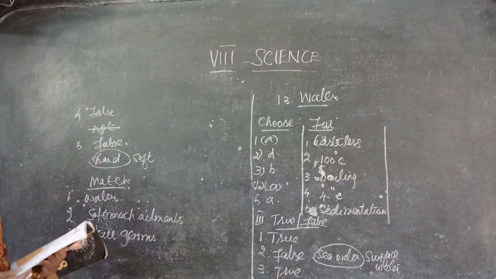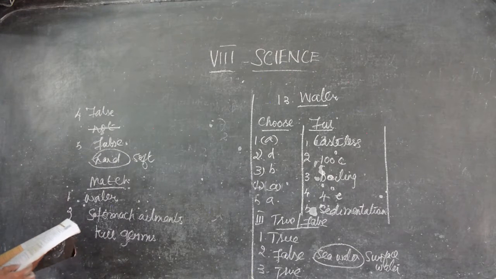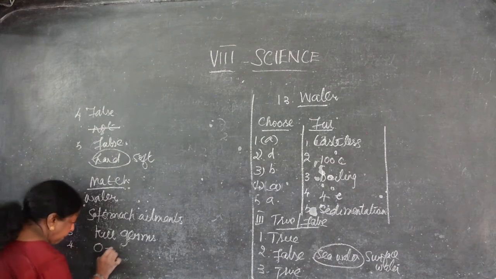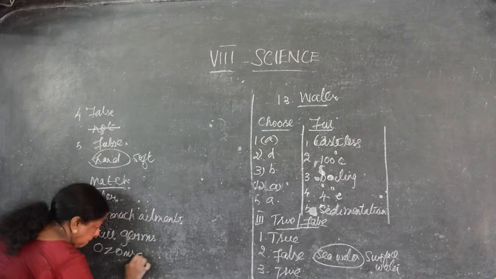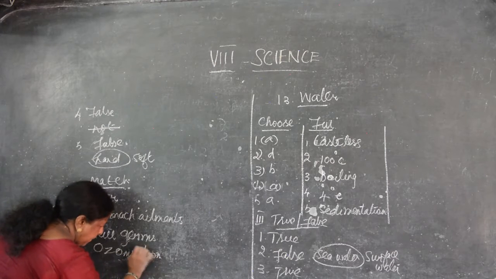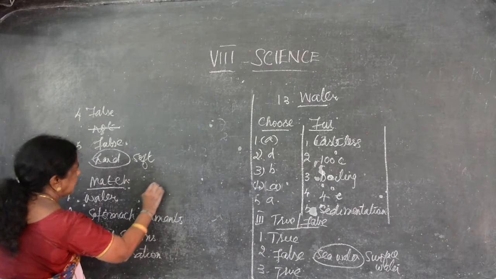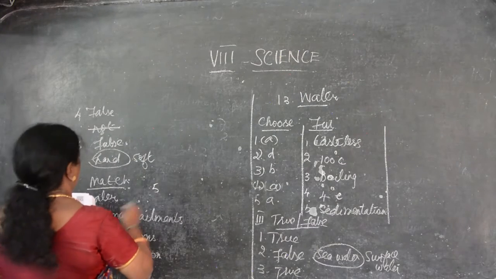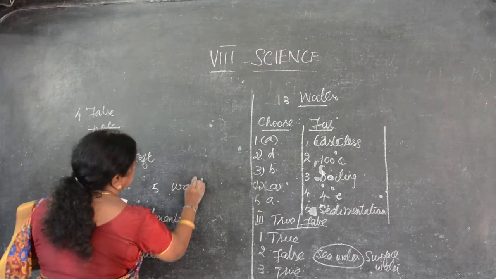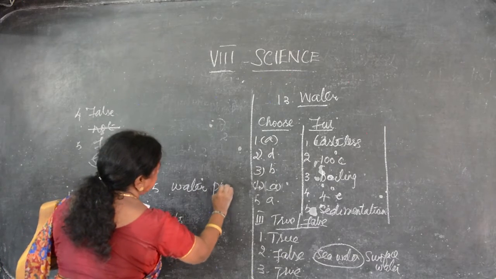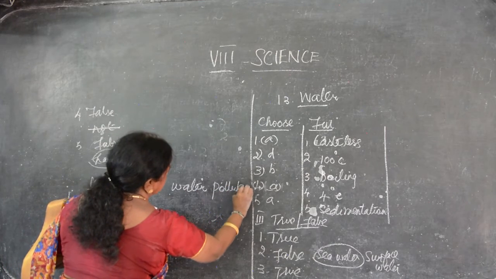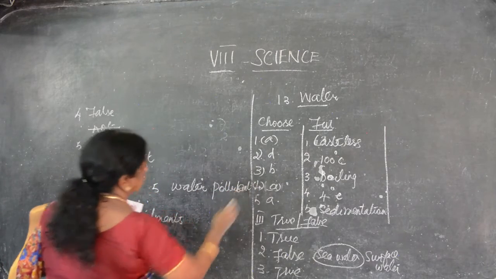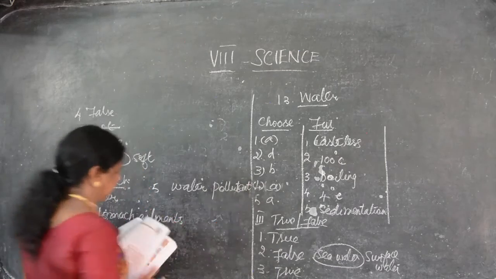Fourth one, sterilization, ozonization. And the fifth one is sewage, water pollutant.